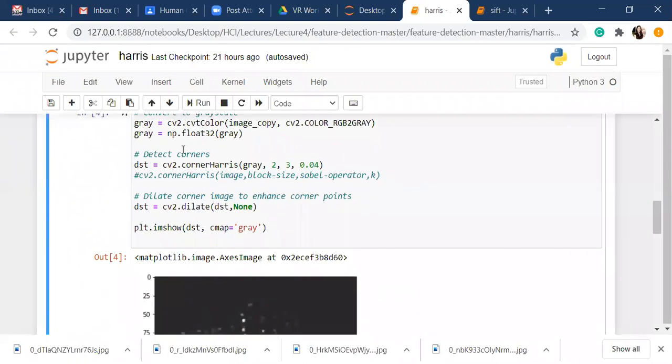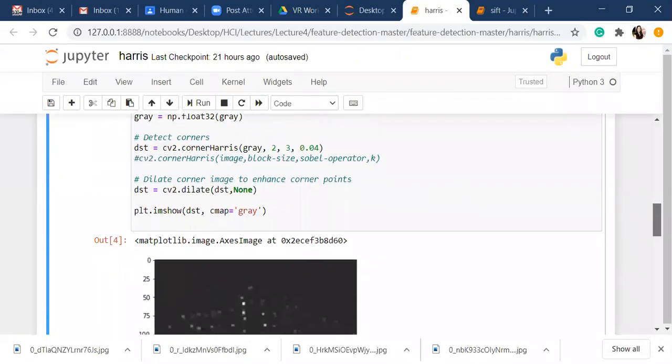For the detection of the corners, you can see here the cornerHarris method is invoked by using the dot operator inside the cv2 class. The first argument is gray, because inside my code gray is the object name holding the grayscale image. Then the block size, which indicates how many minimum eigenvalues you are using. The Sobel operator is 3 and the k value is 0.04.